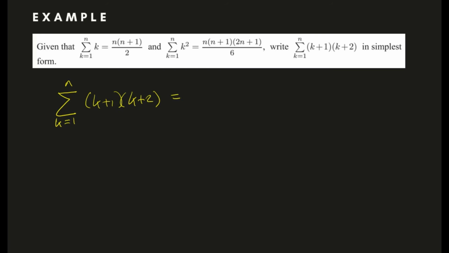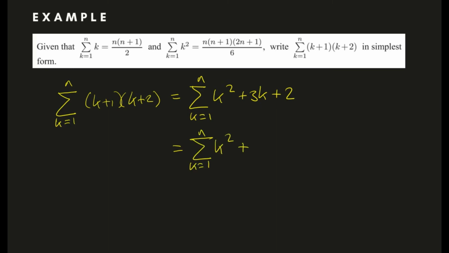Well, let's start by expanding the brackets. So if I have a sum, we'll have k squared plus 3k plus 2. And we know already we can split these up. From those rules we found and derived earlier, we can split this up into its component pieces.